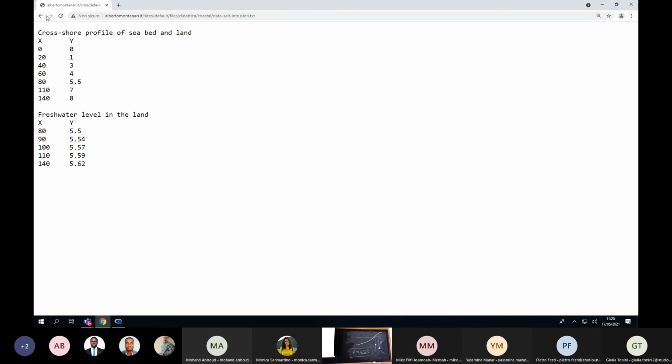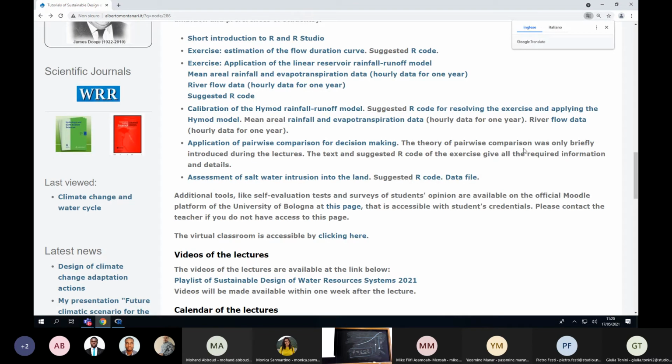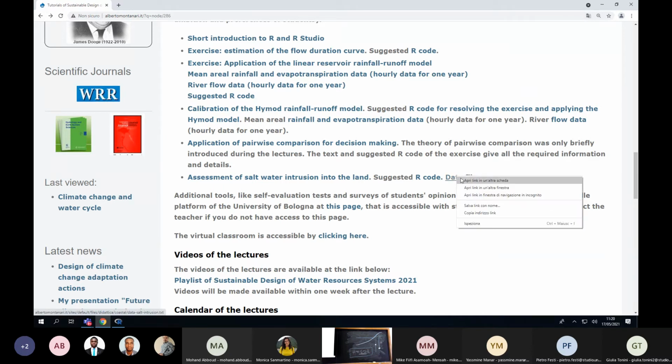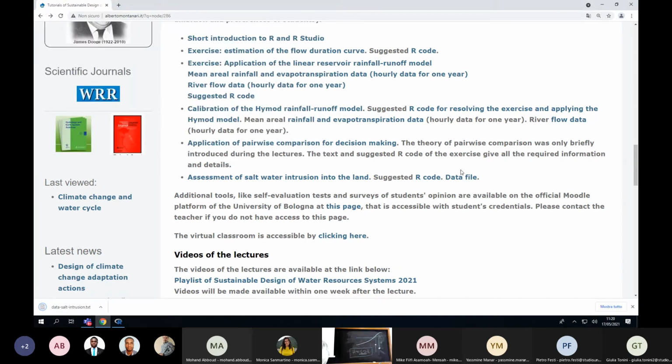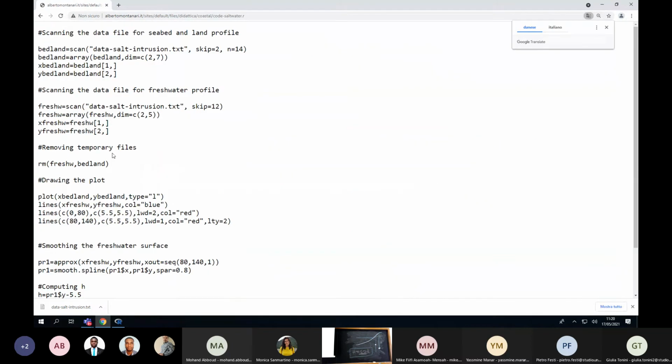This data file, however, should be saved in the working directory of R. So let's save this data file. I can click with the right mouse, and I save it on my desktop. Okay, save. Very good. Now, let's open the suggested R code.